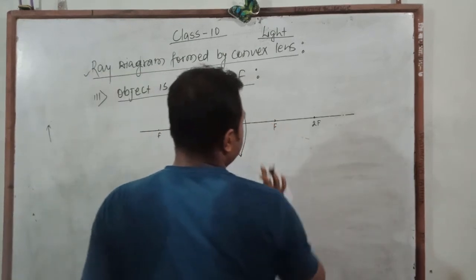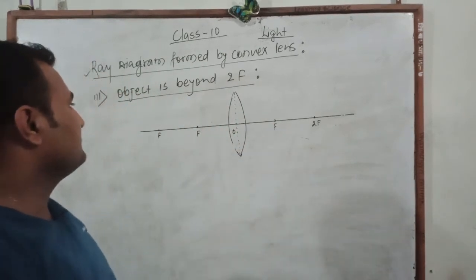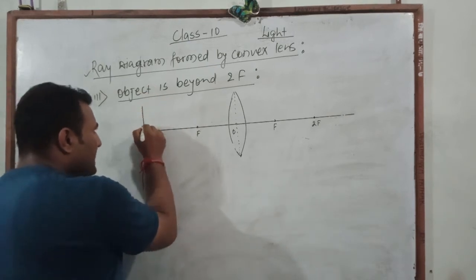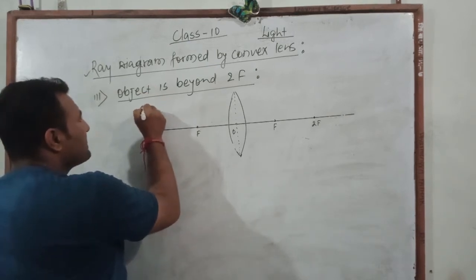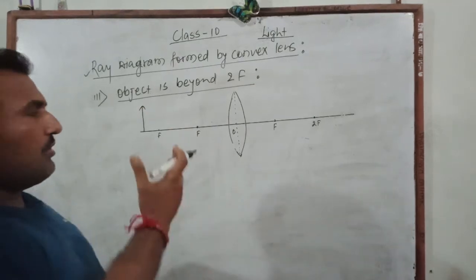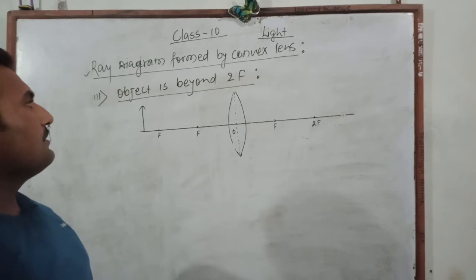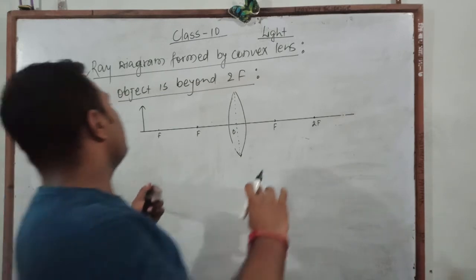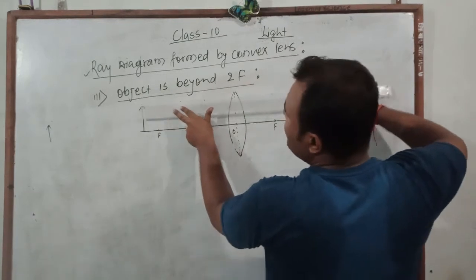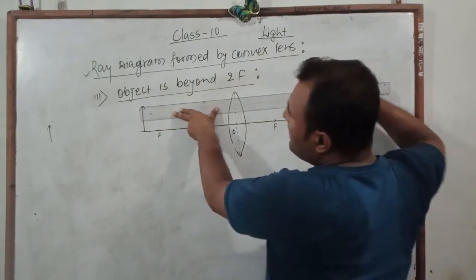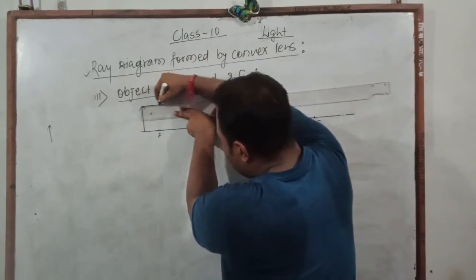And here, according to the condition, that is the object, we consider that the object is erect, upward. And according to the rule, at first we consider a ray of light from the head which is parallel to the principal axis.